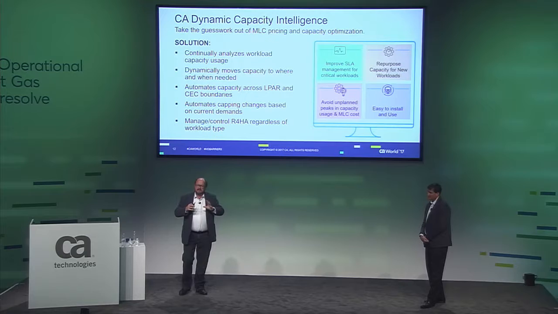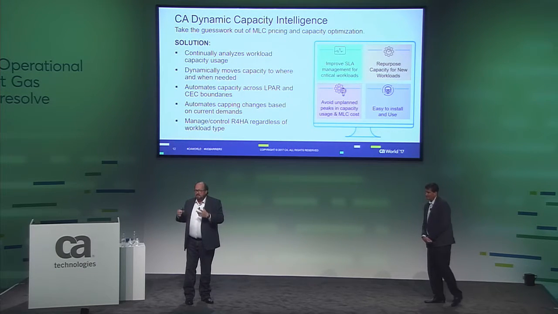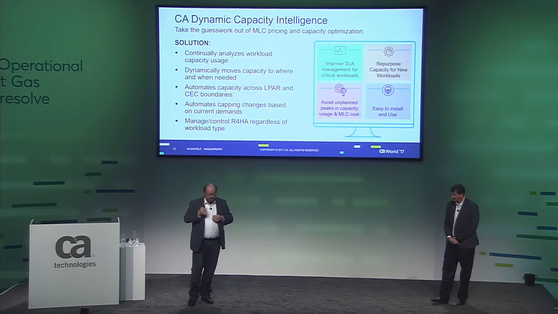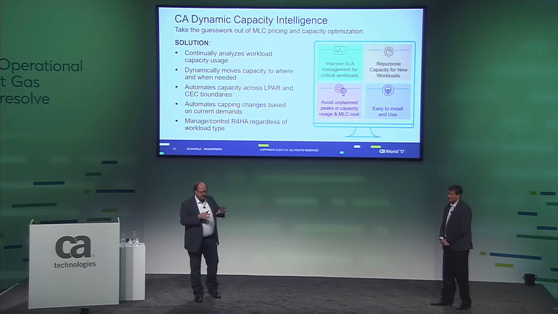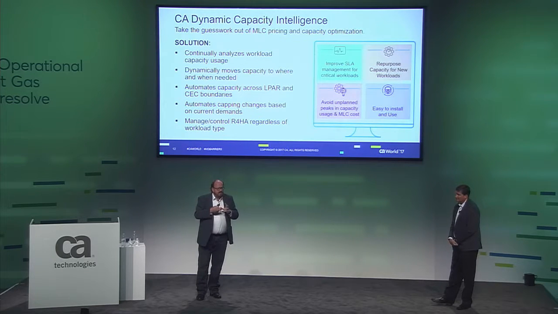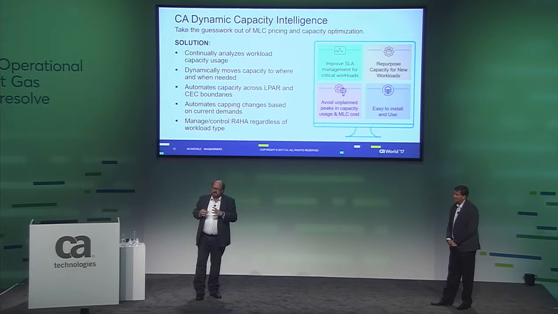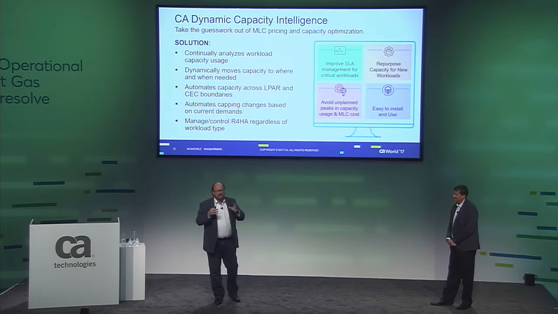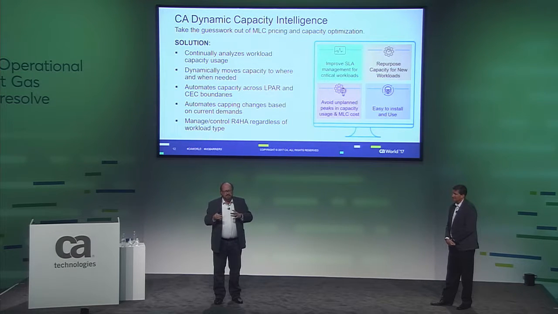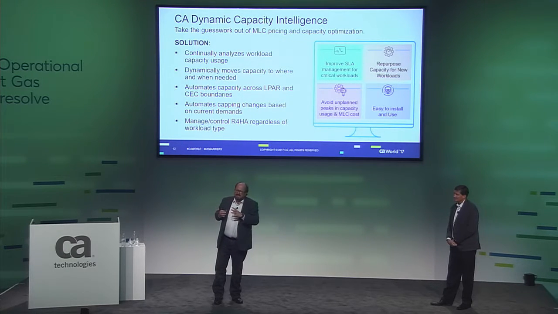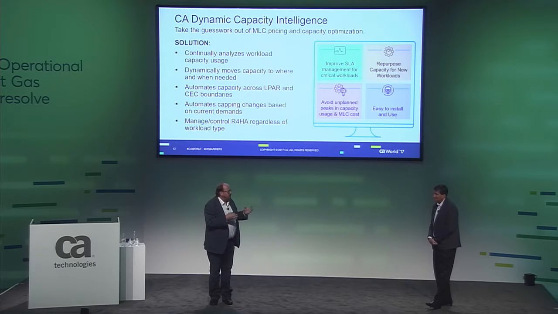So now let me explain a little bit about CA Dynamic Capacity Intelligence. We're not going to go into much detail. Basically, we look at how we take the guesswork out of MLC pricing and out of capacity optimization. For that, we need to know at any given time how much capacity is being used and how much capacity is also being used for workloads that are not critical.